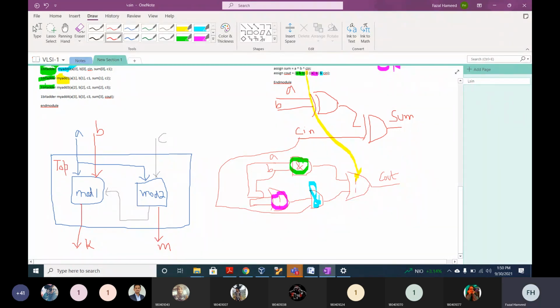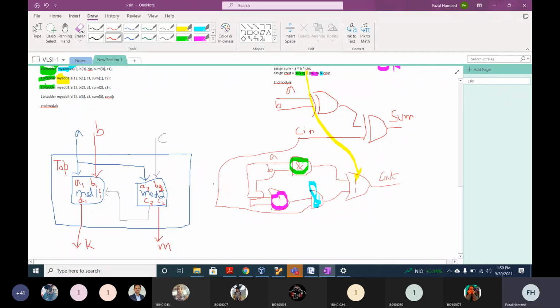Let's assume the input to this module is A1, B1, C1, and D1, and the input to this module is A2, B2, C2, and C3.